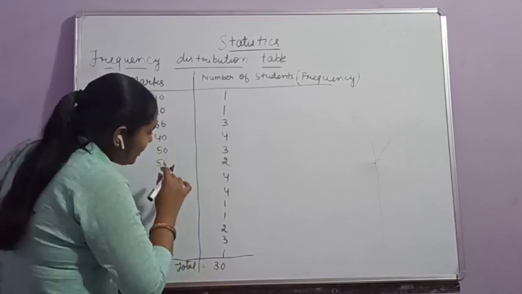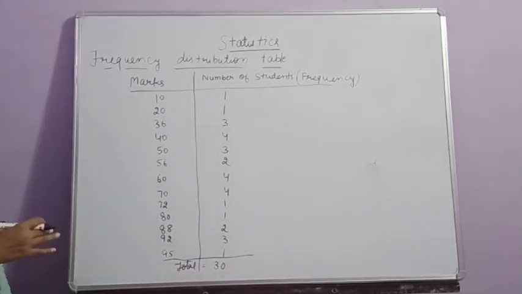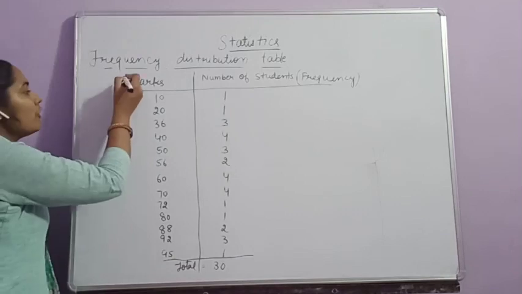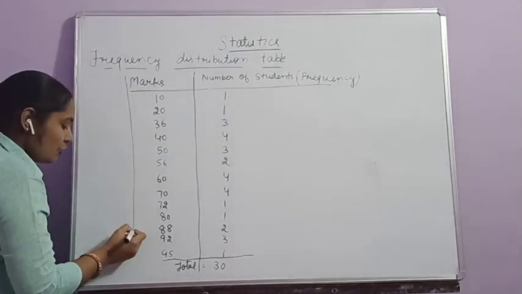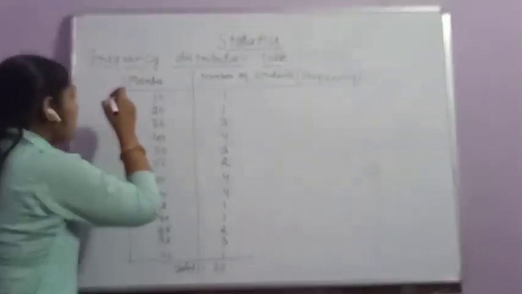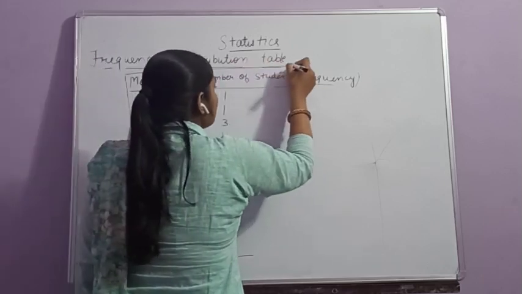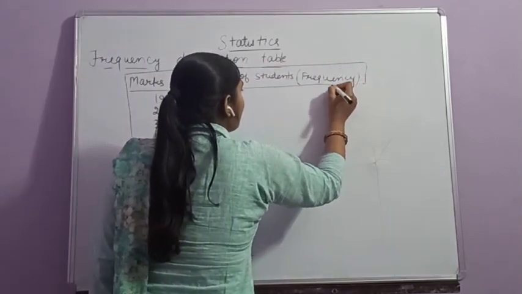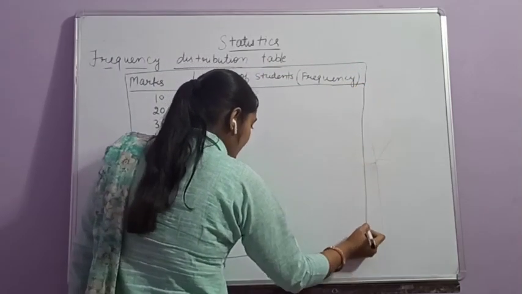The data is given to us and we arrange that data in the form of frequency distribution table. That is the frequency distribution table.